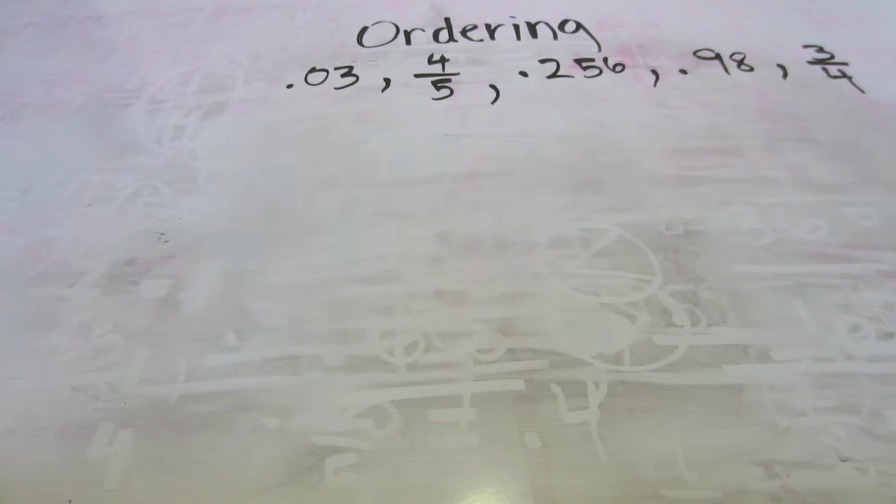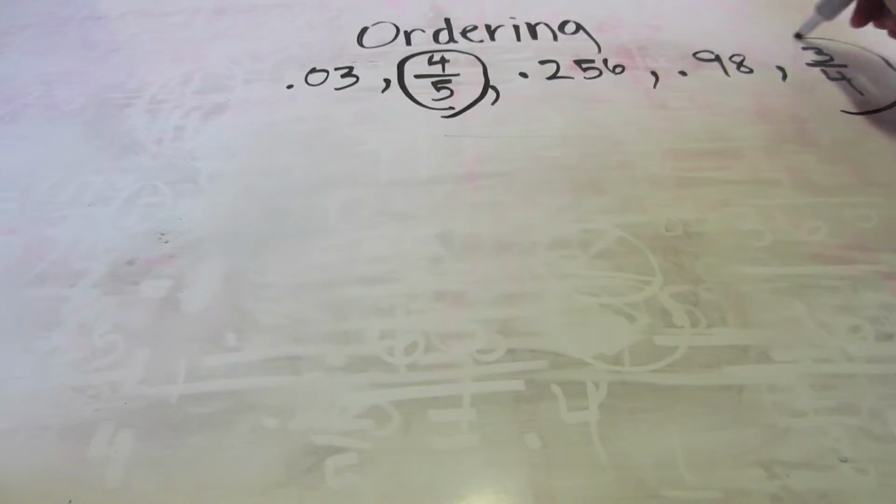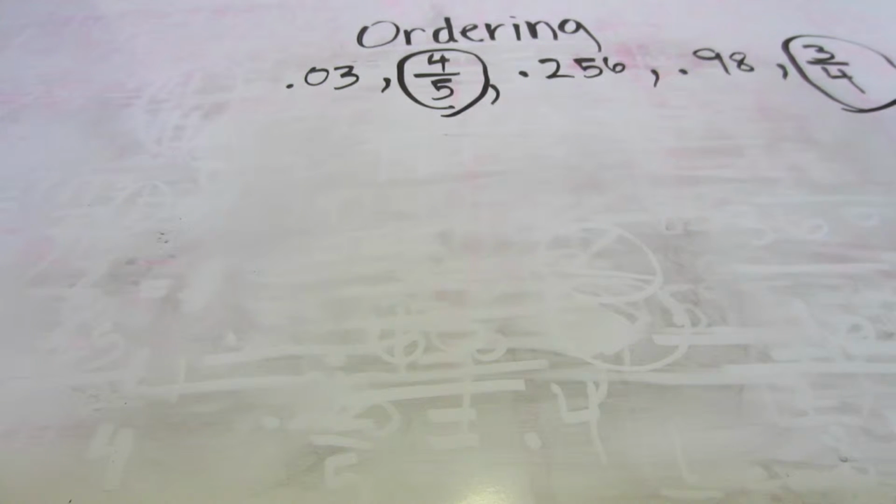So out of all the numbers, it looks like the majority of them are already in decimal form. So I'm just going to convert 4/5 and 3/4 into decimals. And we can do that by using long division.